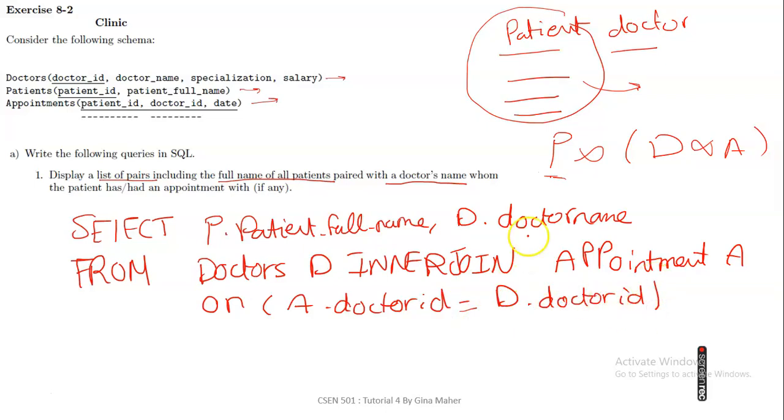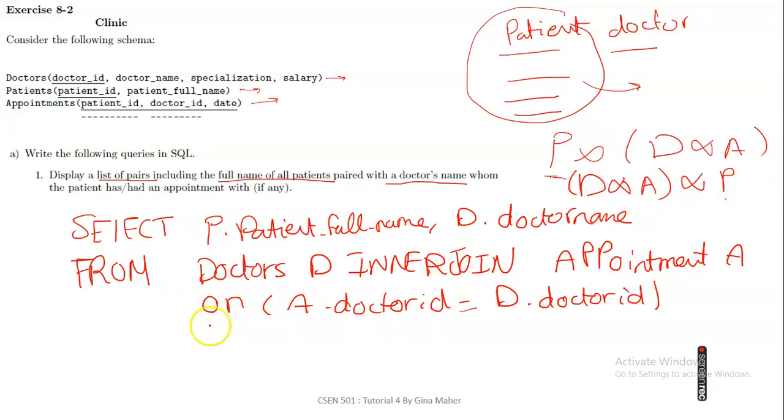Are we done yet? No, we should outer join with patient. So this is when we want the join to be on the side of the patient. If we joined D with A and we want to outer join on the side of the patient, this should be a right outer join with the patient.